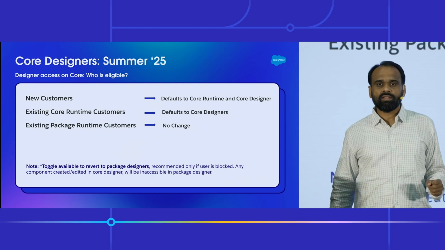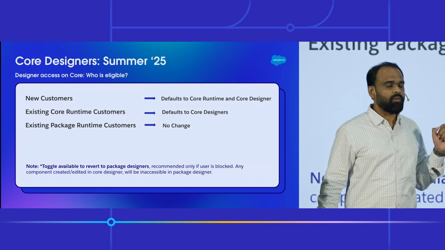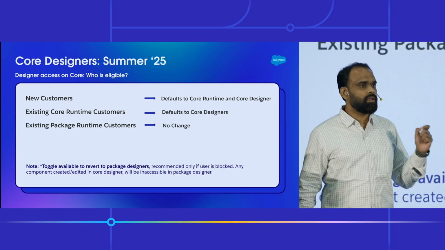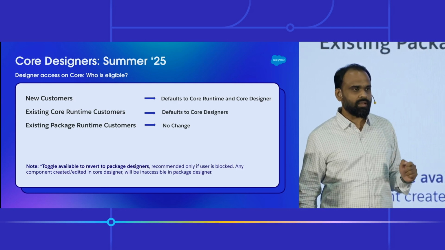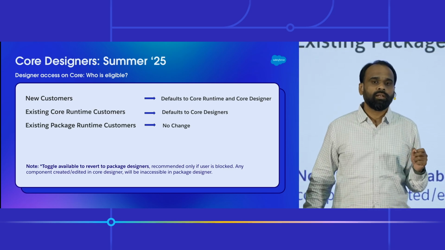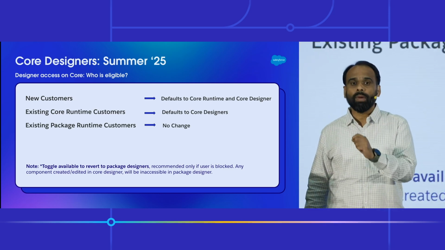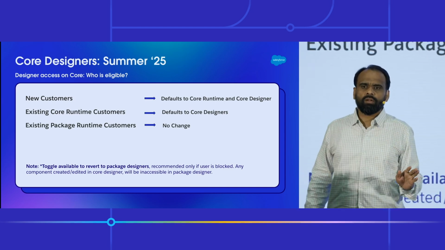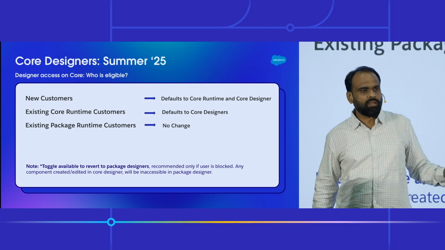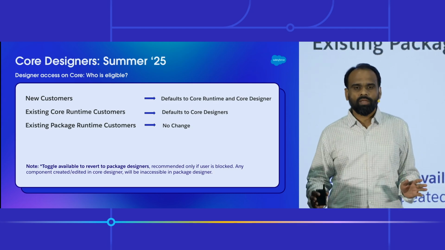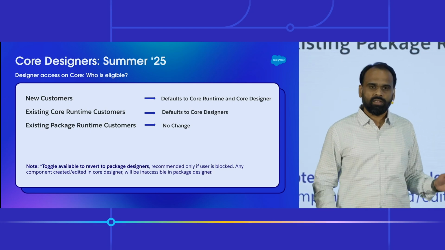And any existing customer, which means they have already enabled the OS licenses and have the CME, OS, and PS package, insurance packages, if their runtime is on core, then they get designers on core by default from 256 onwards. Existing customers who are on the package runtime, we are not touching them. They need to migrate.